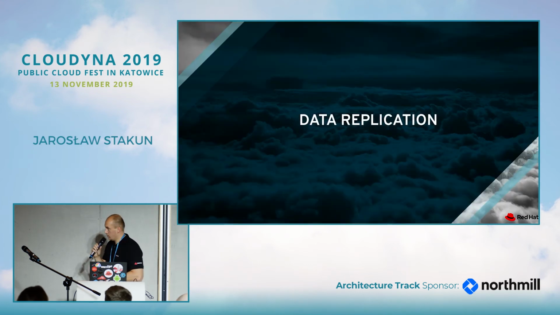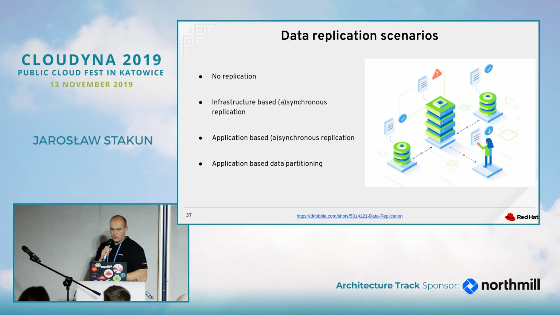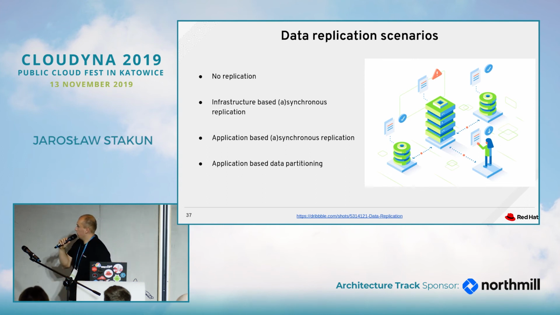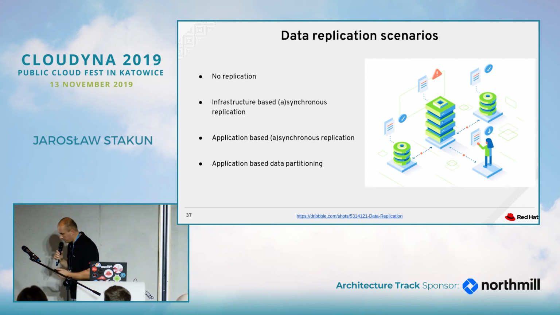Another topic, data replication. I think this is one of the most complex and difficult tasks. In general, you have a couple of options to consider, and typically those options have to be considered on your application basis. Of course, the easiest way is to avoid replication of data.